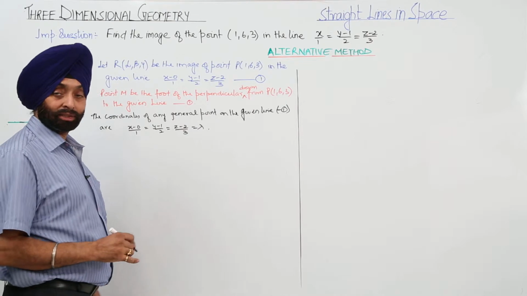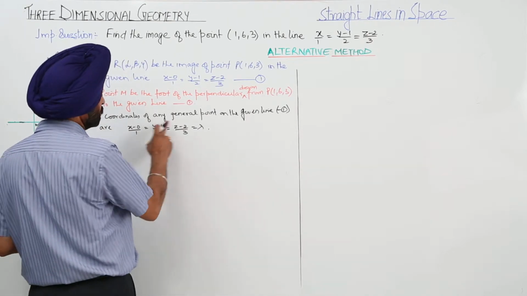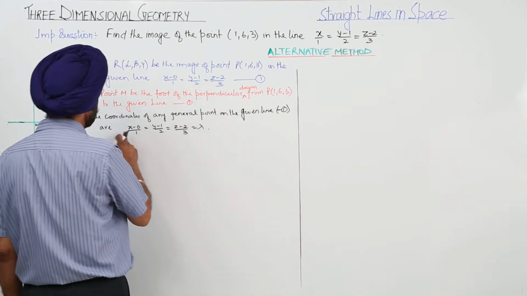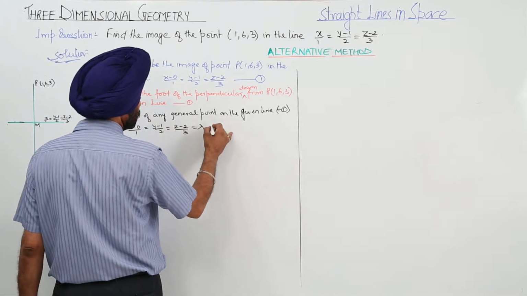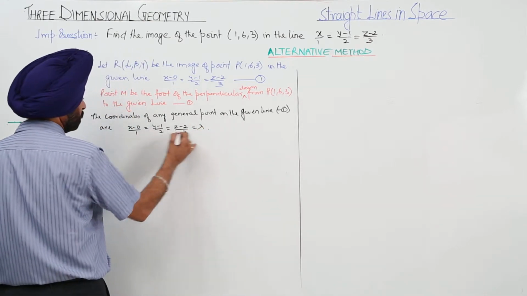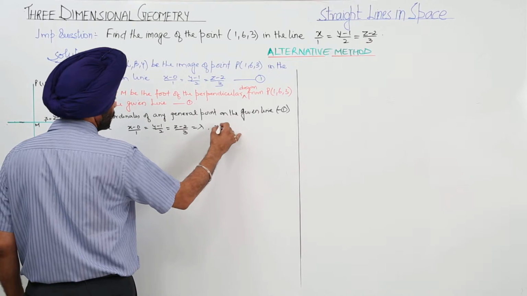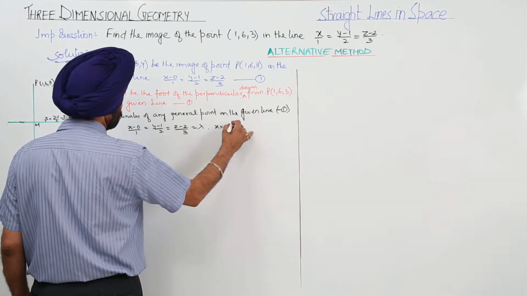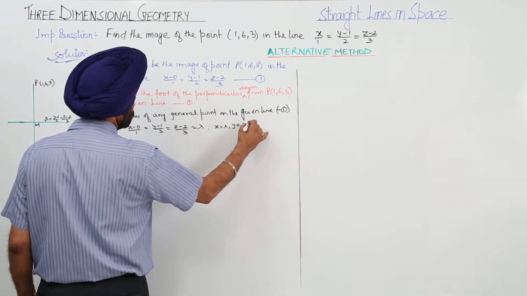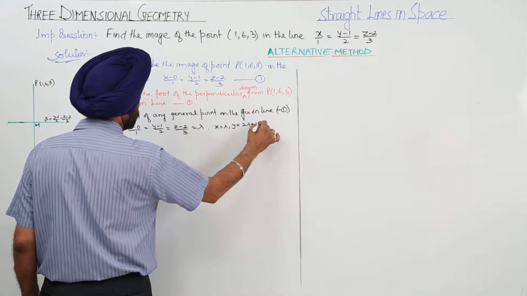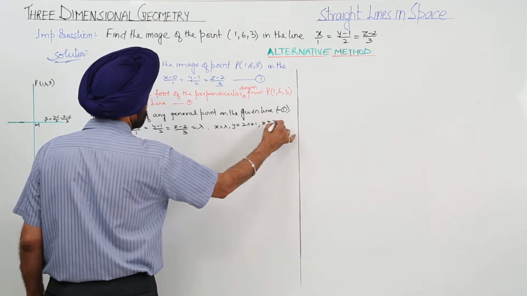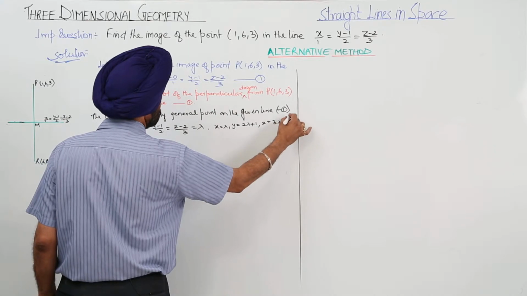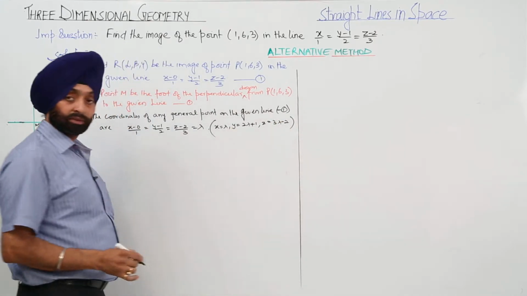So the coordinates of any general point on the given line are x is equal to lambda, y is equal to 2 lambda plus 1 and z is equal to 3 lambda plus 2.